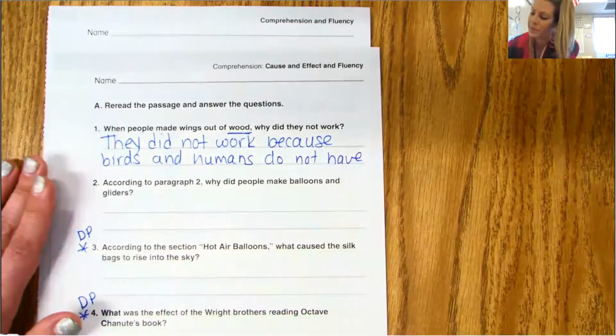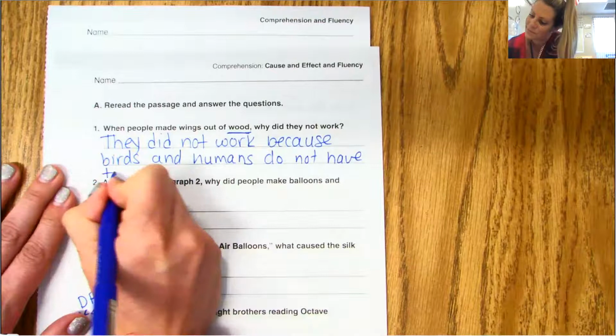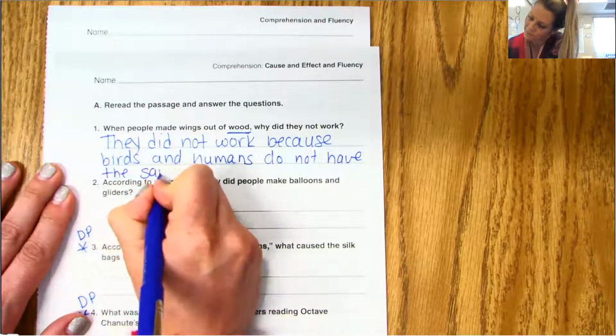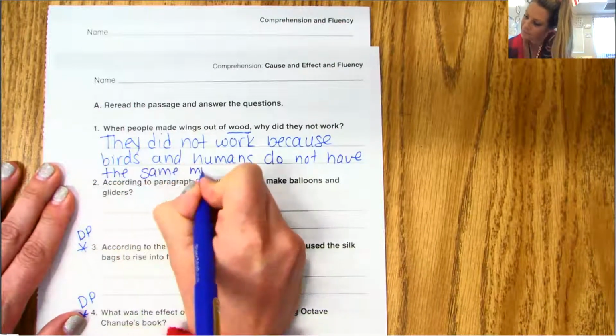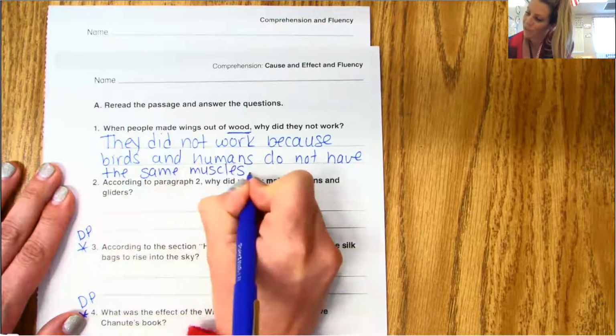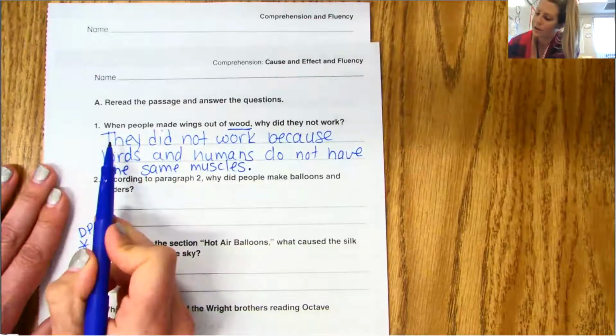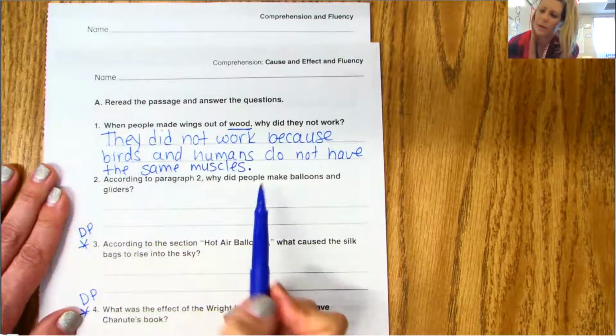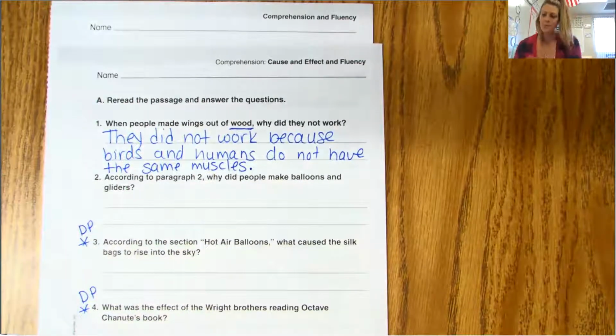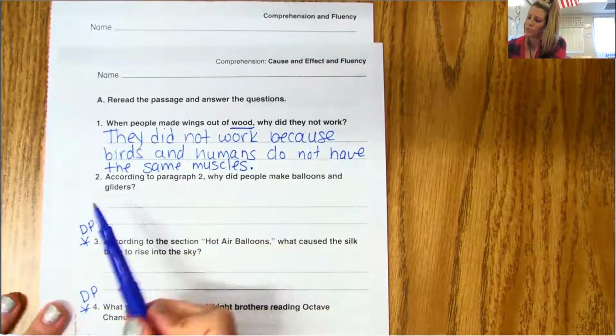Do you remember? Muscles. Okay, capital letter, complete sentence, period, high five. Moving on to question number 2.